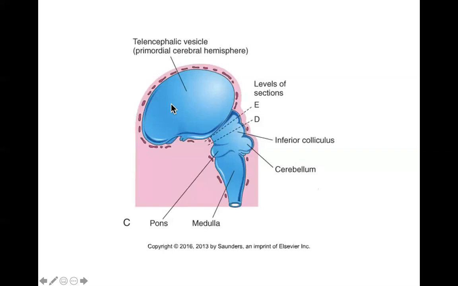The telencephalic vesicles are eventually going to become these guys. Now, later in the book, they don't call them the telencephalic vesicles anymore. They call them the cerebral vesicles, and I'm fine with that. But just so that you're aware, the telencephalic vesicles and the cerebral vesicles are the same structure. I can't remember which one shows up on the quiz. I believe one of them does.